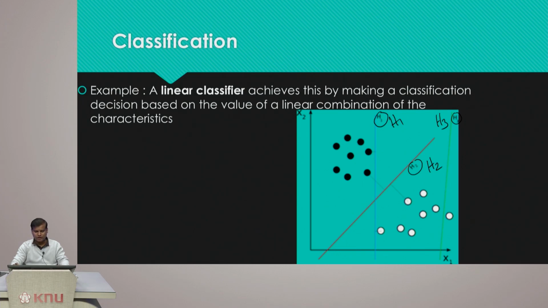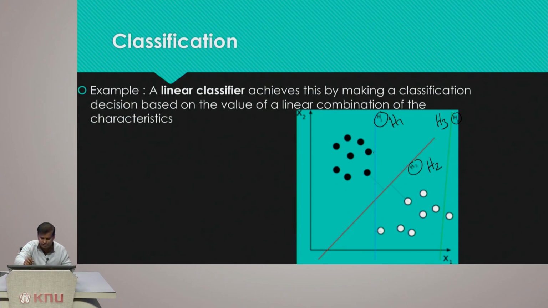Here we are talking about a linear classifier. This is achieved by making a classification decision based on the linear combination of the characteristics. We can say that H2 is a better linear classifier because H2 lies quite far from both groups, whereas H1 is quite close to both these groups.